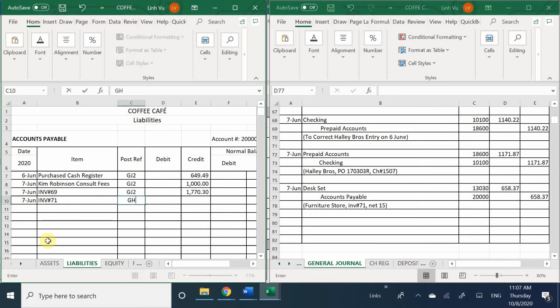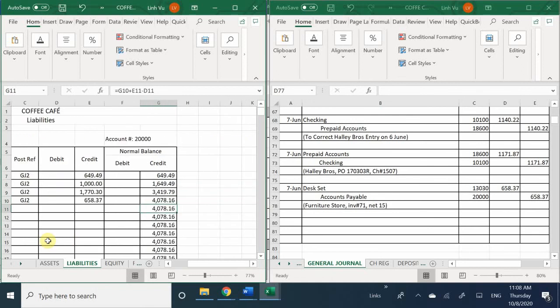Okay. General journal number 2. And lastly, I'm increasing the amount that I owe for the $657.37, which should automatically update me to get a grand total of $4,078.16. Okay.